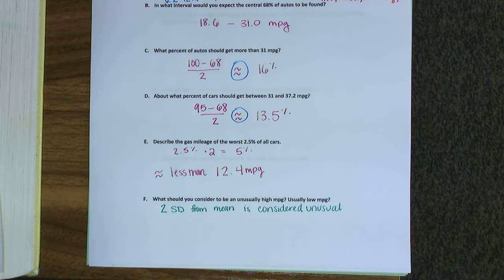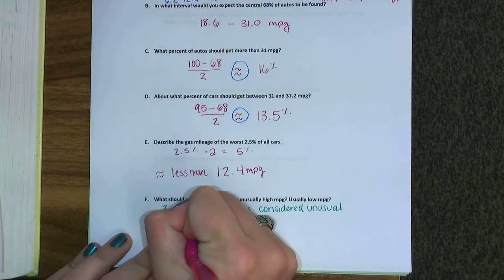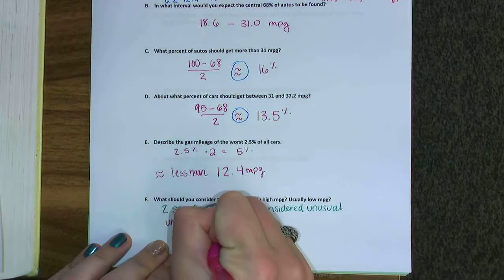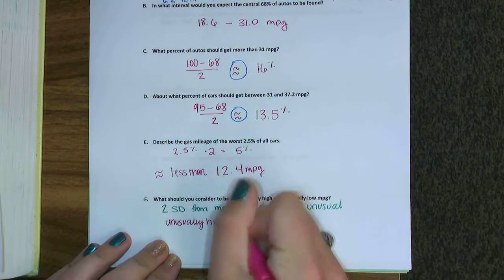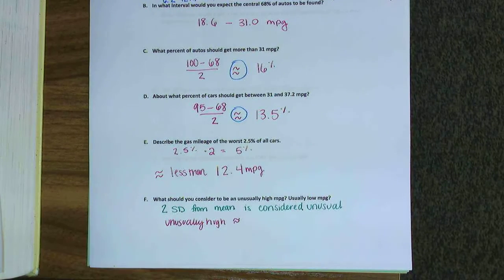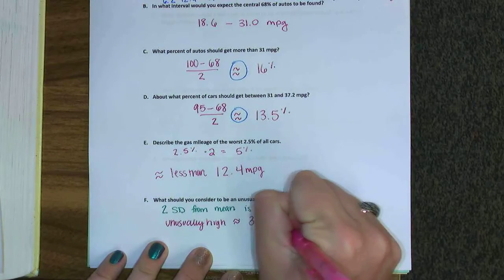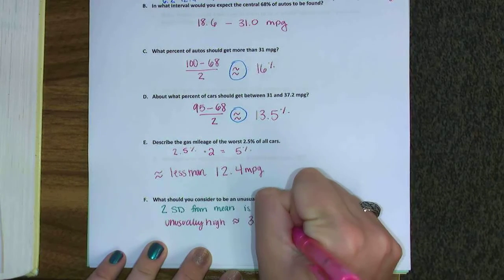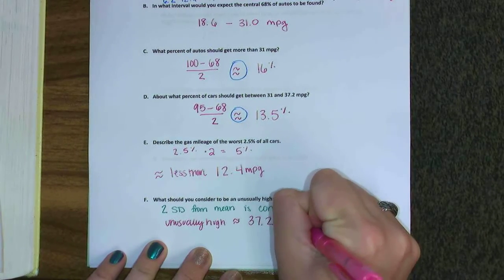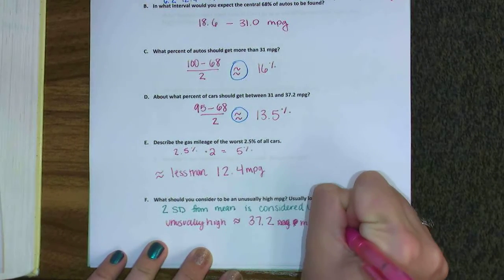So what would my unusually high be? That's 3 standard deviations away. 37.2 miles per gallon or more.